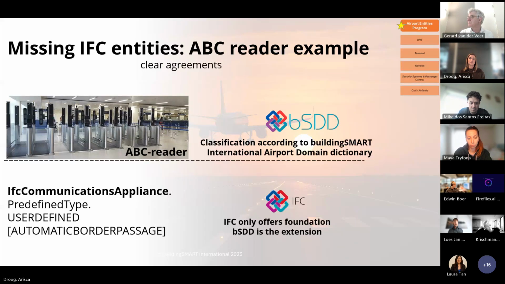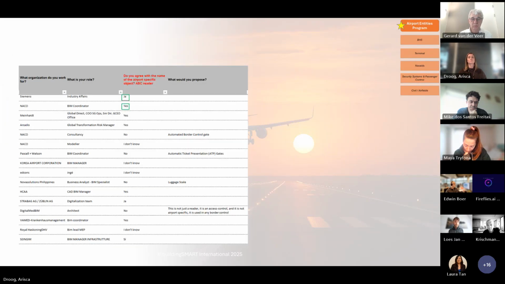But this is due to the fact that we don't have all those classes and types that could define it better. By giving it a specific classification in the bSDD, it becomes a unique definition, so this one can be identified by a classification uniquely.